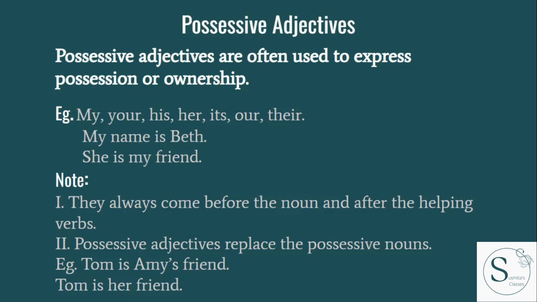These are also used to replace possessive nouns, the ones with apostrophe s. I can say Tom is Amy's friend, but the better way would be to say Tom is her friend.